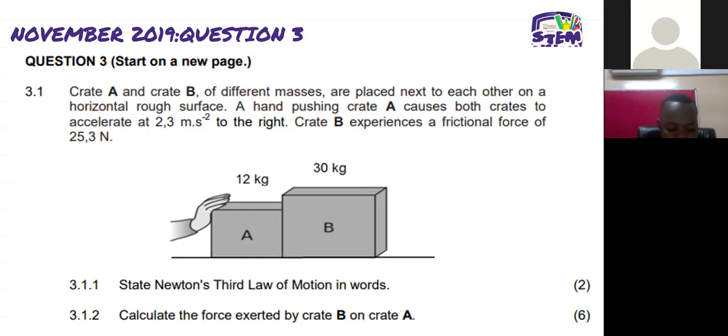Again, we go to question 3.1.2, and there they ask us to calculate the force exerted by crate B on crate A. Now, if I want the force that B exerts on A, I can also remember that actually this force that crate B exerts on crate A is equal in magnitude to the force that crate A exerts on crate B. But the two forces will be opposite in direction.